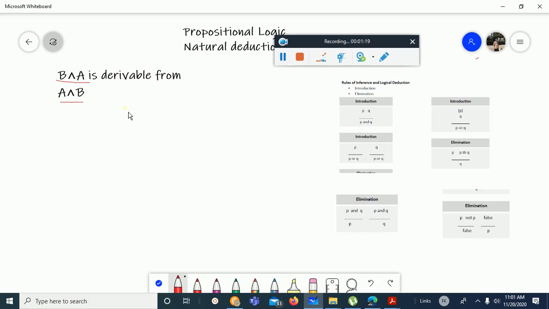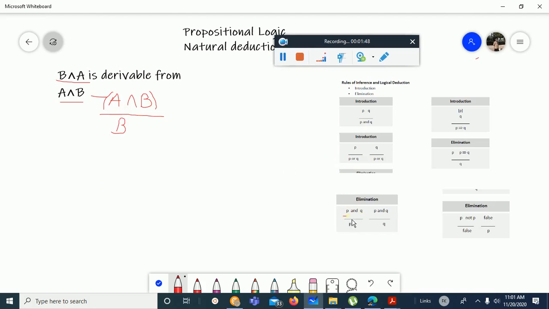So we have to write A and B. Here we can deduce B from this statement A and B, and we have used the elimination rule.